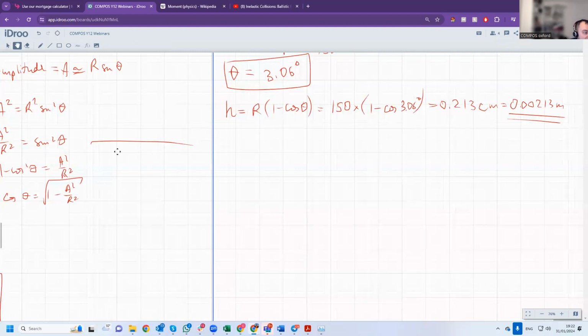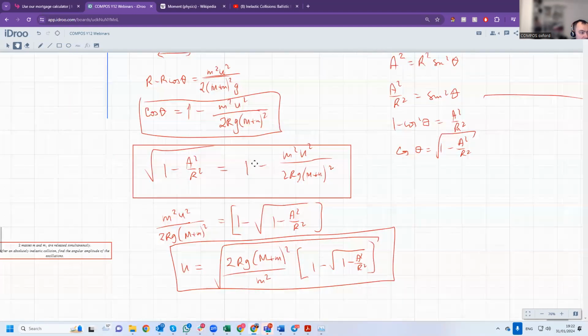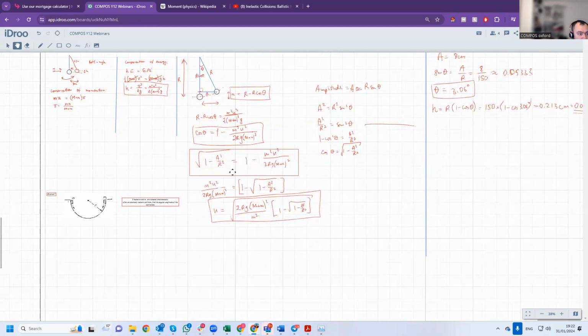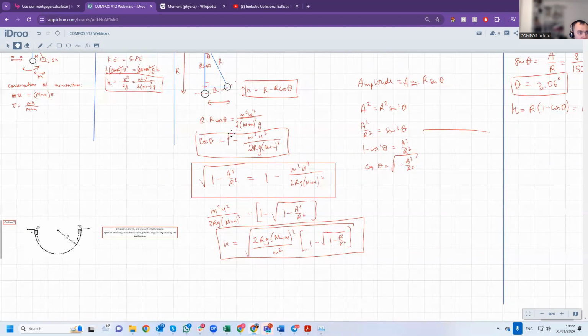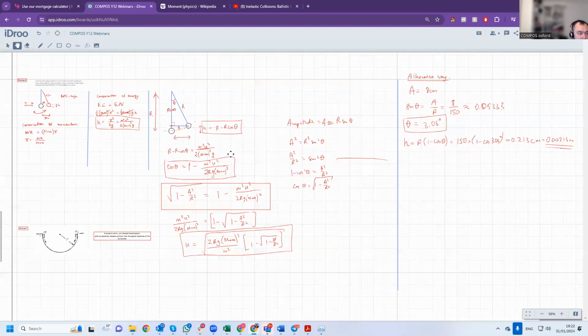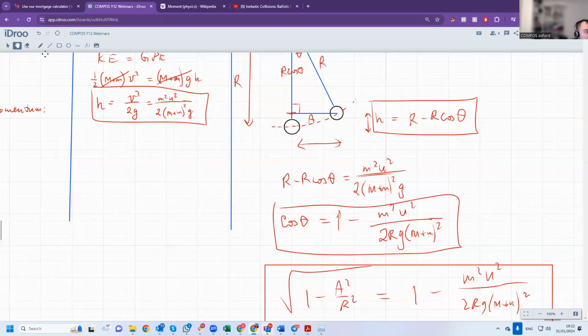So from here, you can work out the velocity. u squared is (2m plus m squared) g divided by m squared, multiplied by h.